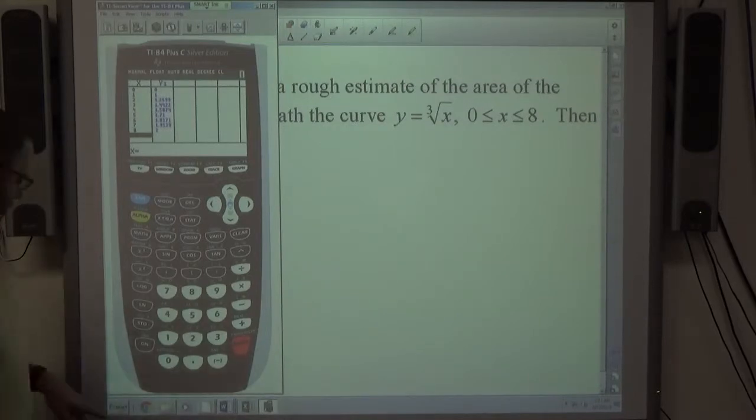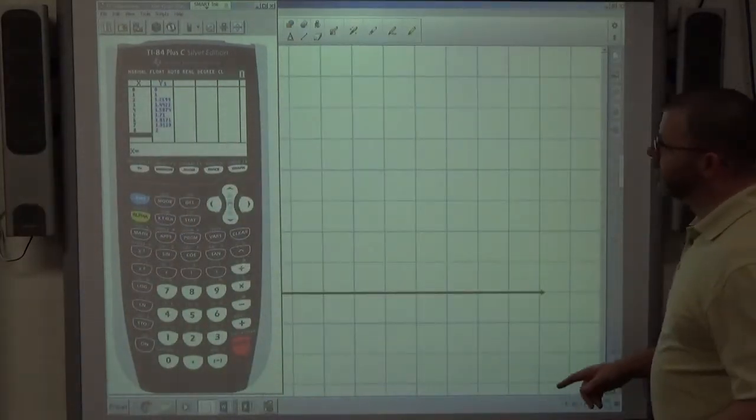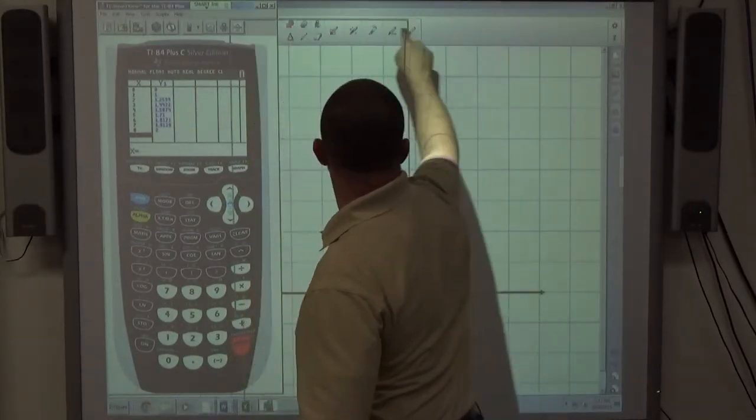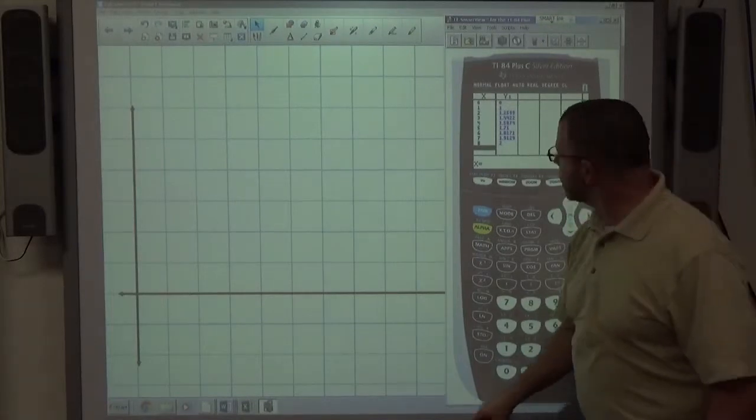And if I go to my graph paper that I've created over here, let's move this over here. Excellent. So I plot those points.